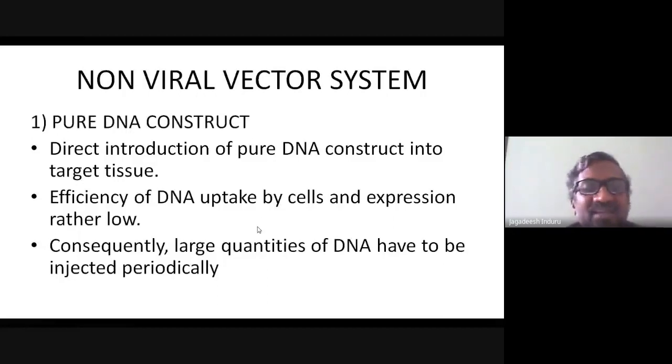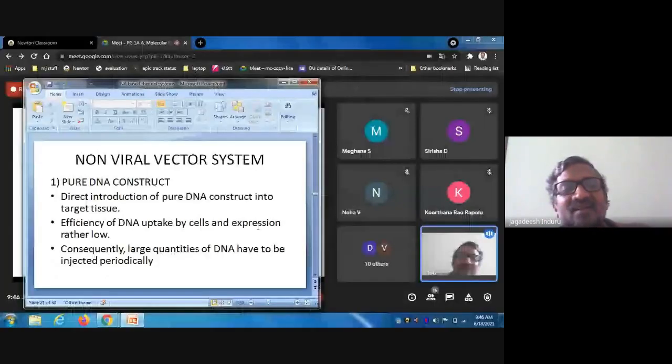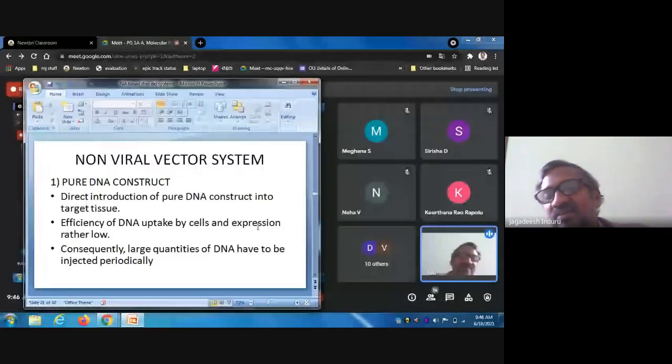When the uptake is not there, DNA will not enter, and when DNA does not enter, the genetic problem will not be cured. That is the reason large quantities of DNA have to be injected periodically to make it implemented and effectively used. This is the problem of non-viral vectors using a pure DNA construct.